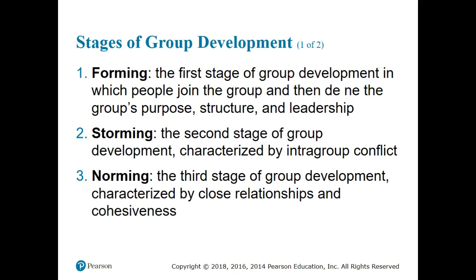So research shows that groups develop through 5 stages. Okay, the forming stage has 2 phases. The first occurs as people join the group. In a formal group, people join because of some work assignment. Once they've joined, the second phase begins, which is defining the group's purpose, structure, and leadership.